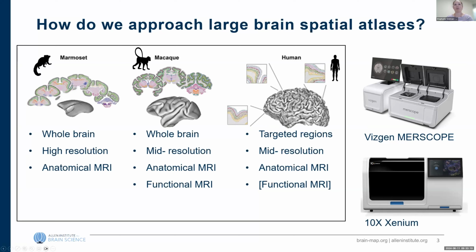For the relatively smaller non-human primate brains, marmoset and macaque, we can build whole brain, almost whole brain atlases in the spatial domain. And then for the larger human atlases, we'll take a more targeted approach, looking at particular regions where there's a lot of information to be gained.